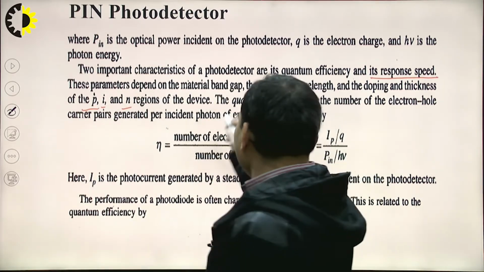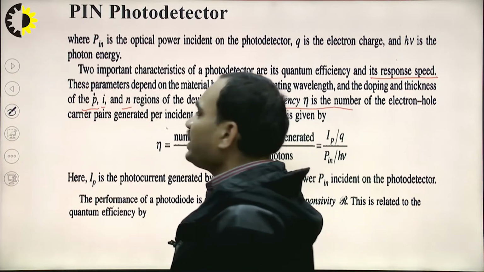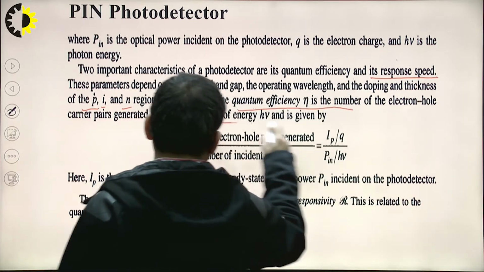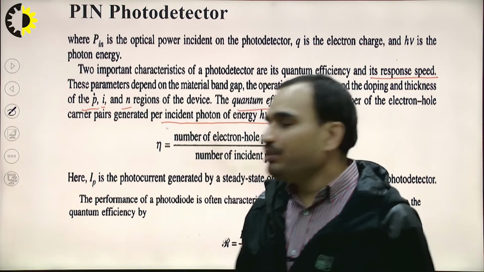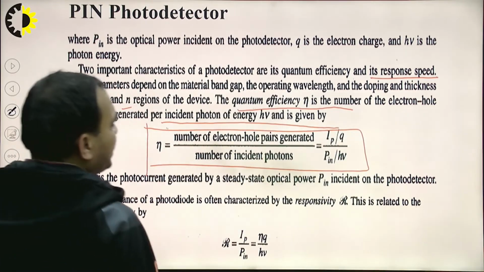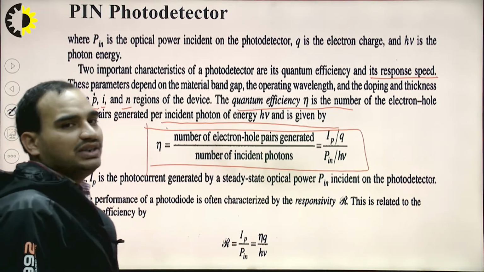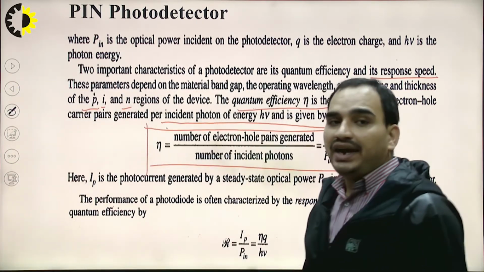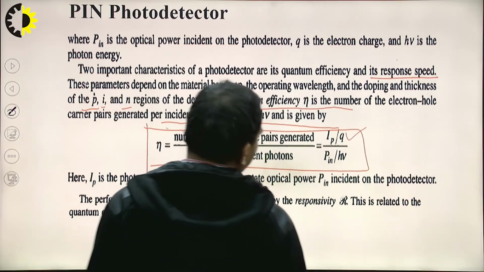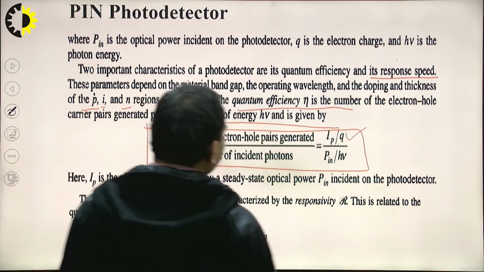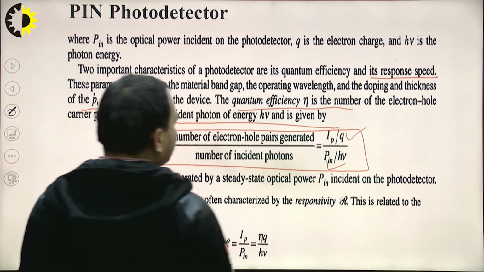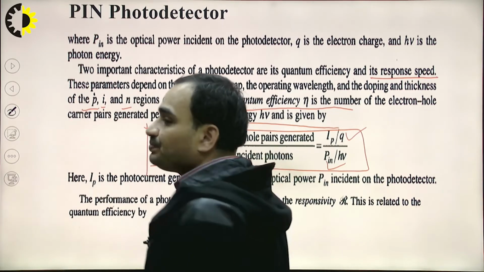The quantum efficiency η is the number of electron-hole pairs, that is carrier pairs, generated per incident photon of energy hν. It is given by the number of electron-hole pairs generated divided by the number of incident photons, which is the photocurrent IP divided by Q, the charge of the electron, over the incident power Pin divided by hν, where h is Planck's constant and ν is the frequency.